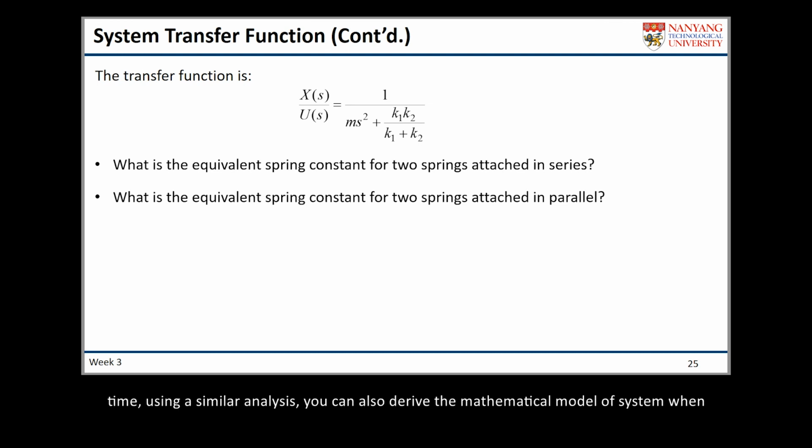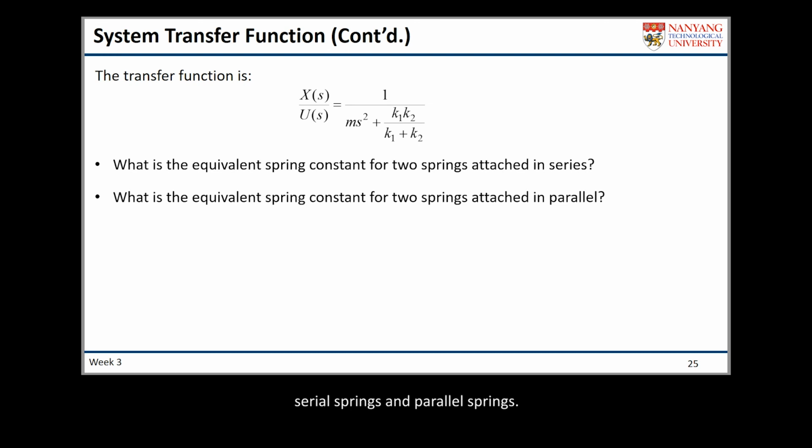At the same time, using similar analysis, you can also derive the mathematical model of a system when the mass is supported by parallel springs. So you can try it by yourself for a system with a mass supported by parallel springs, and then you will see the difference between serial springs and parallel springs.